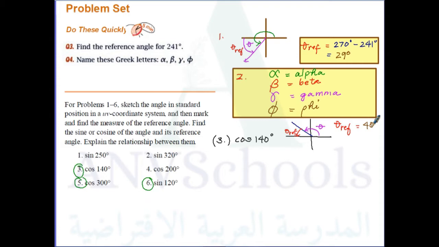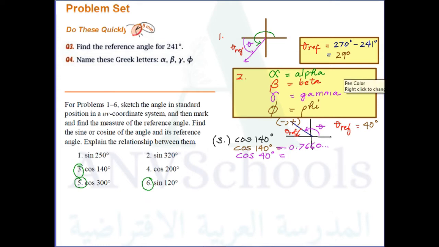And what is my cosine of 140 degrees? Cosine of 140 degrees would be negative because it's on the second quadrant. And on the second quadrant, you have negative cosine and positive sine, right? So cosine of 140 degrees will give me negative 0.7660. While my cosine of the reference angle, cosine of 40 degrees, will always be positive because it's an acute angle. Okay?